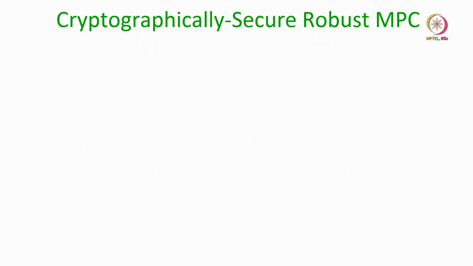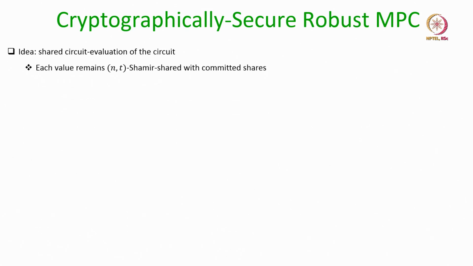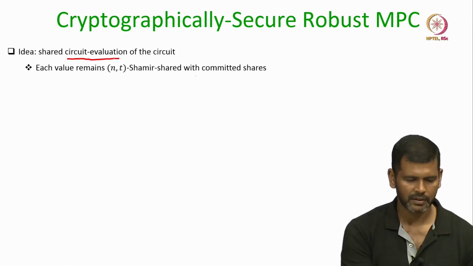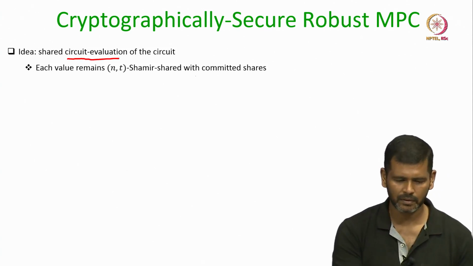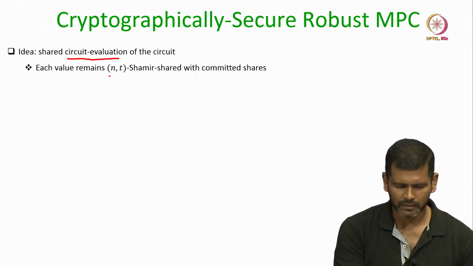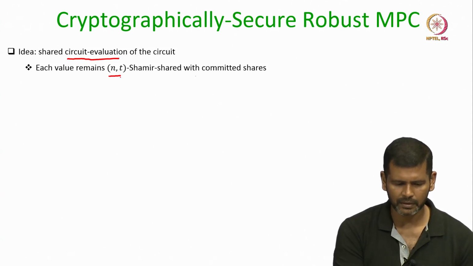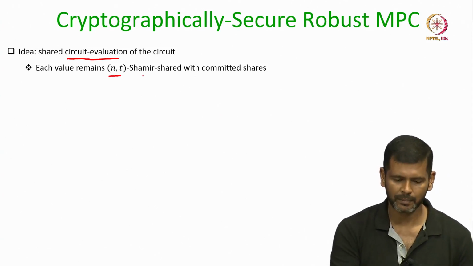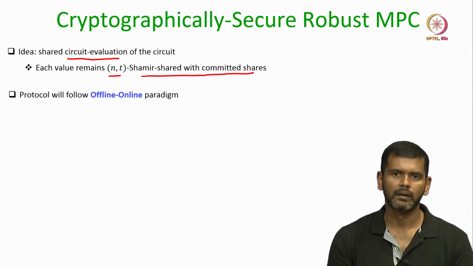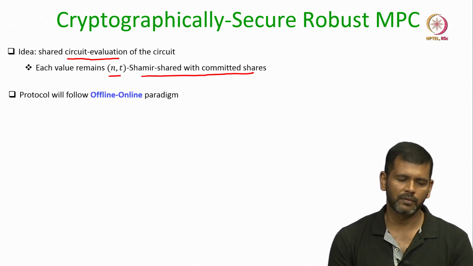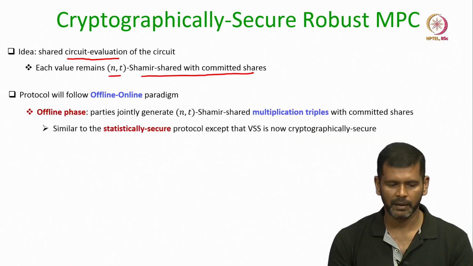So, now based on this cryptographically secure VSS, we can design a cryptographically secure robust MPC as follows. The idea will remain the same, namely shared circuit evaluation, which has been used for previous MPC protocols. The difference is now that each value during the circuit evaluation will be Shamir secret shared with committed shares, and for efficiency purposes we can use the offline-online paradigm.